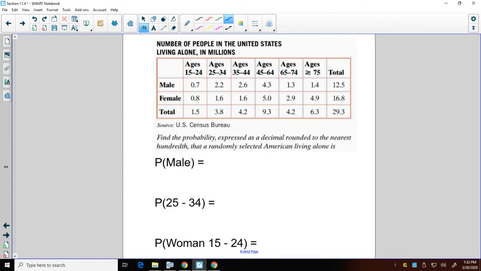And the second probability, I want anybody that's 25 to 34 on top over the total number of people we talked to. And then the last one, the women that are 15 to 24, I want that on top of the total number of people we talked to. Okay? So pause the video, give it a shot.